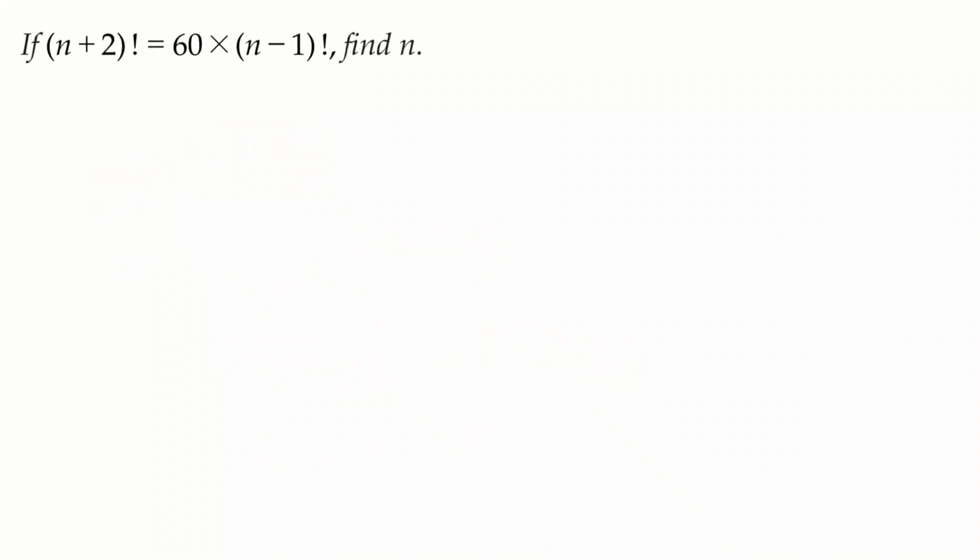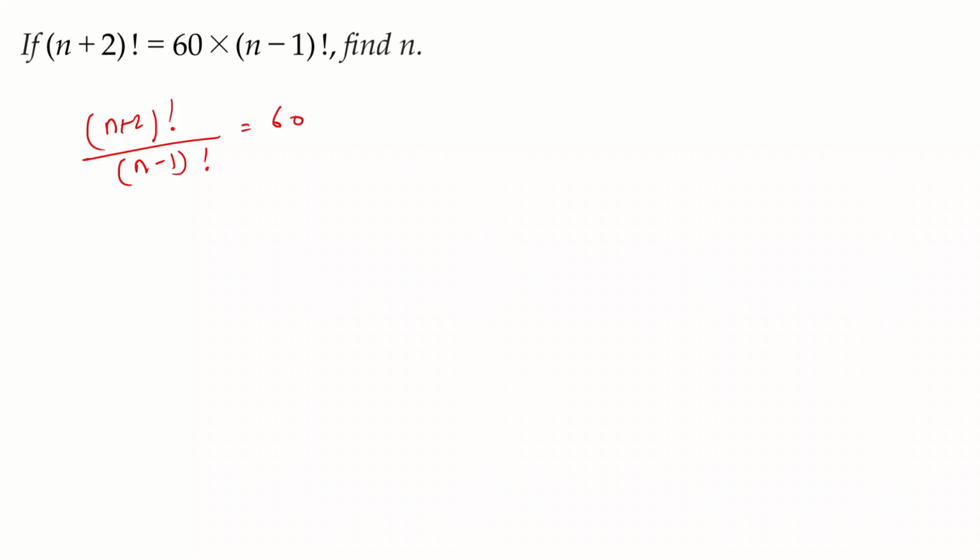Next question. In here we have to find out the value of n. So let's get started. We first of all bring this n minus 1 factorial down here. So I can write it down as n plus 2 factorial divided by n minus 1 factorial is equal to 60.